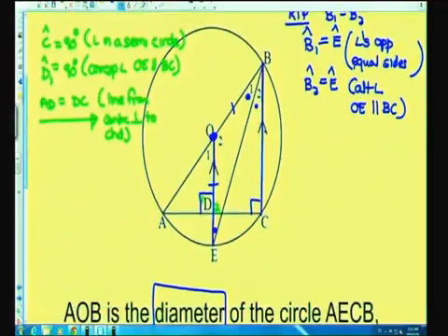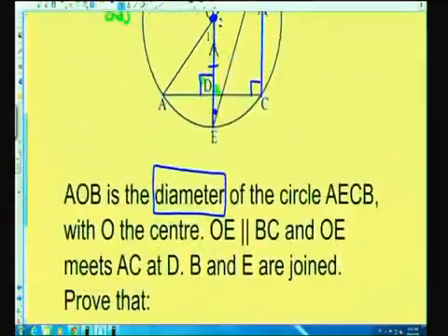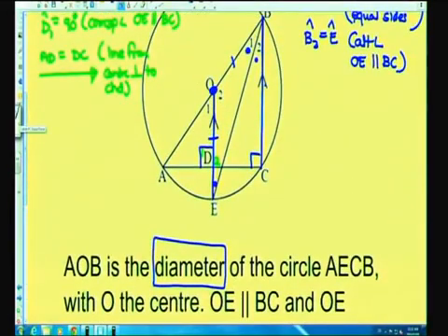Right, let's see what the next question asks. It says, if OEB is X. So let's go back there. OEB is X. So what I've called a dot, they're calling an X. So let's put it in. In fact, let me just erase all the dots and call them X's. It's just easier to work with the terminology they're giving us.